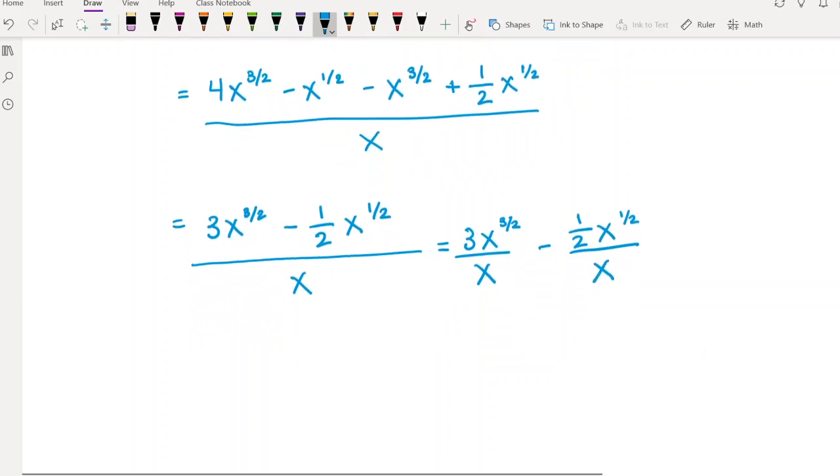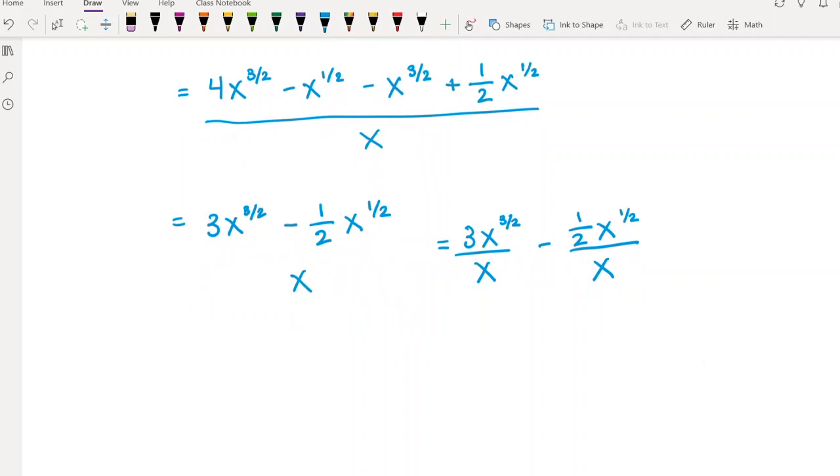So how does this work? Well, when you're dividing, you subtract your exponents, right? So we do 3/2 minus 1, and that leaves us with 3x to the 1/2. And then for the second one, we have minus 1/2.